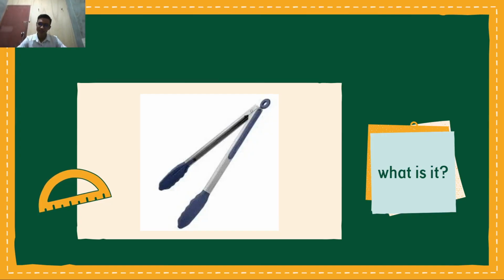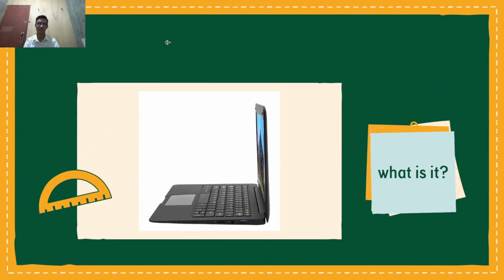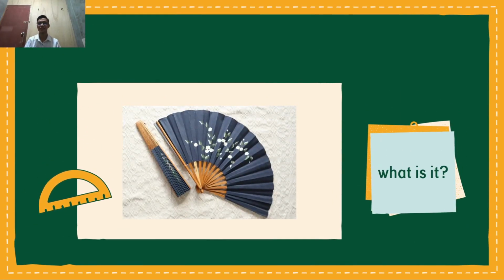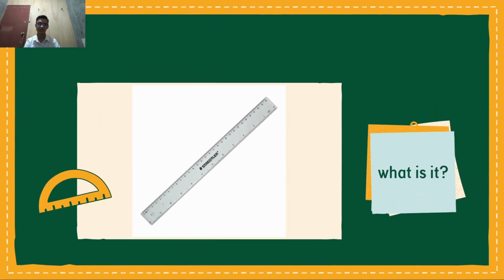It is a thumb, right? Right, very good. Another one, we have here the laptop. And this one, what is this? It is a fan, or in Tagalog, we call it pamaypay. And last but not the least, I do believe we all know that it is a ruler.